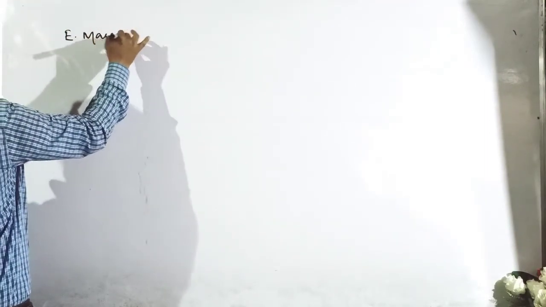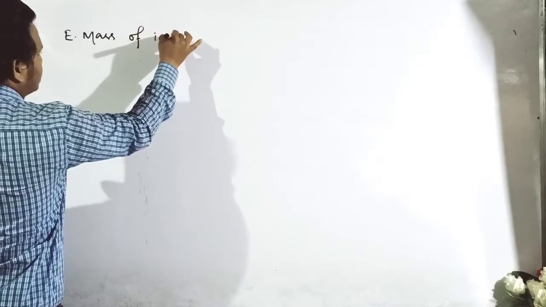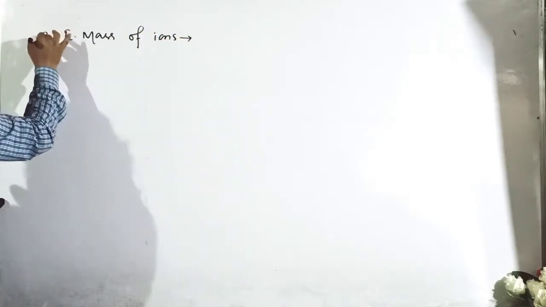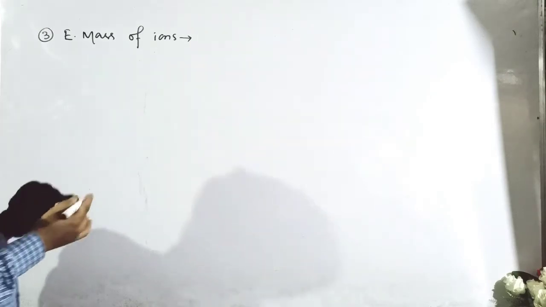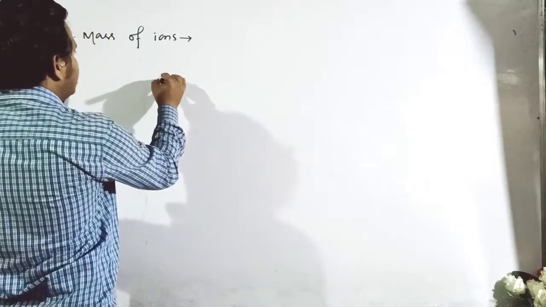Equivalent mass of ions. This is the third one. If it is for ions, we already know there are 2 types of ions. One is cation, second is anion.